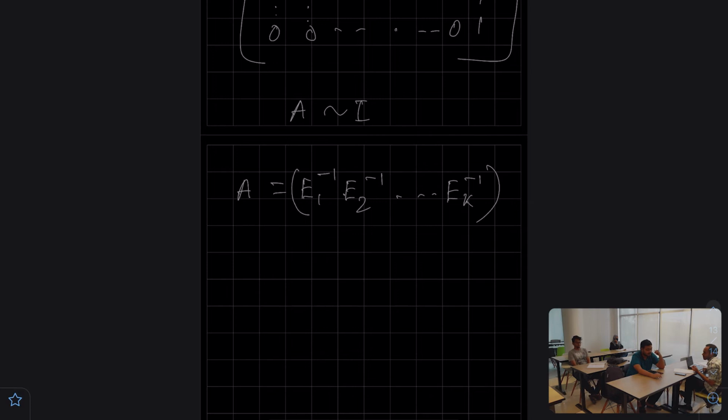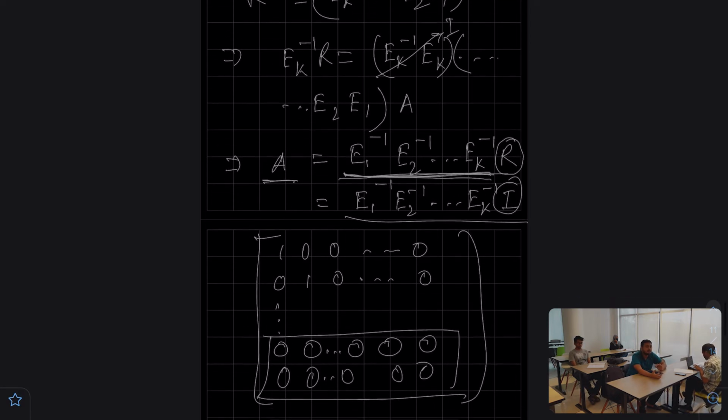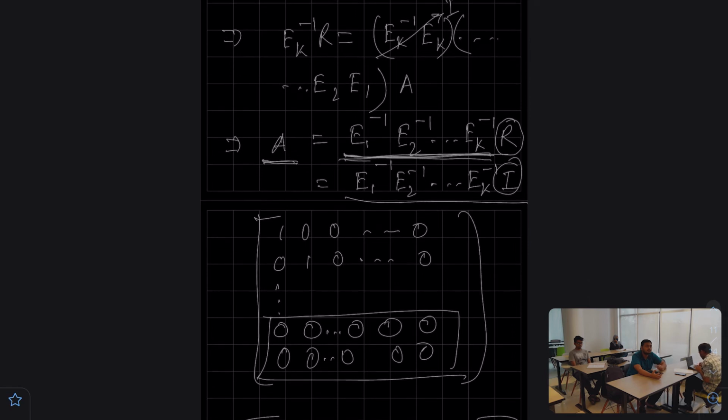Can you please take the argument again, why R equals I? Okay, so A is equal to this. Now we know that every elementary matrix is invertible. That means these products are also invertible. But we don't know what this R is, right?